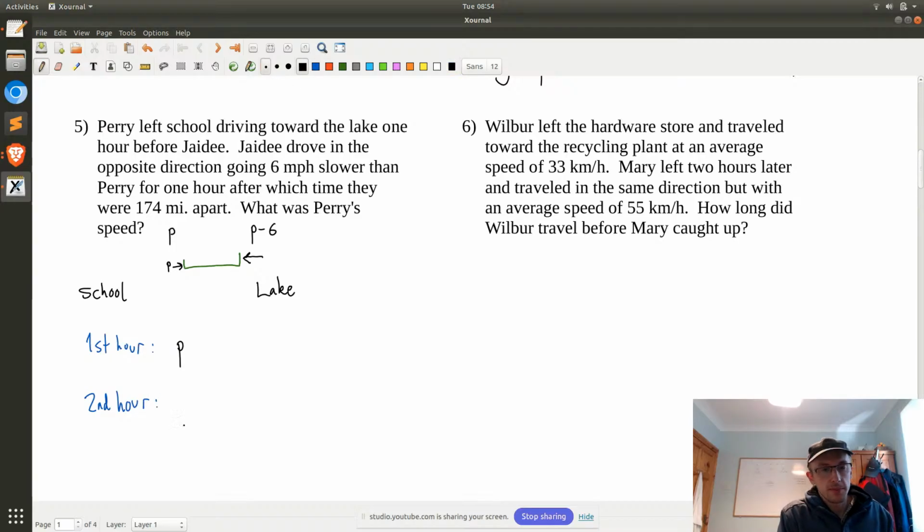And after the second hour, how much more? Perry's going to contribute his speed, which is P. And JD is going to contribute their speed, which is P minus 6. So after 2 hours, 3P minus 6.